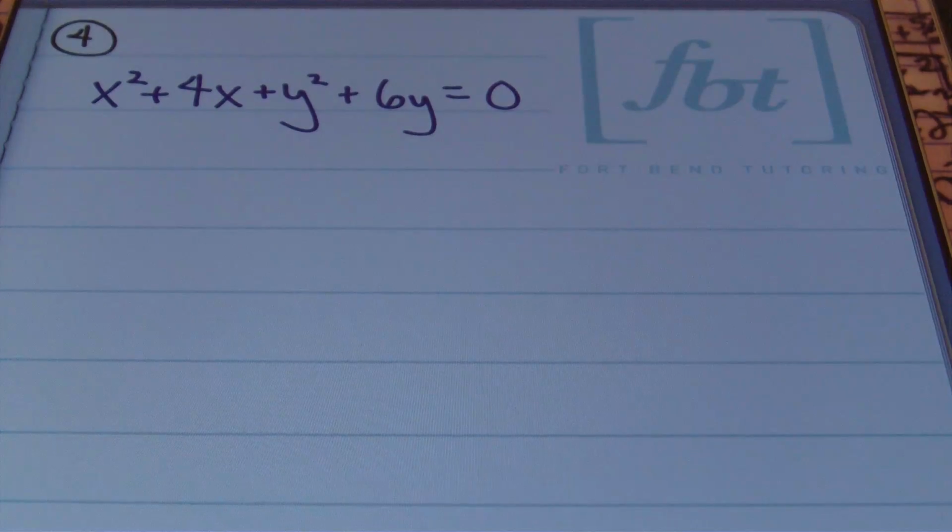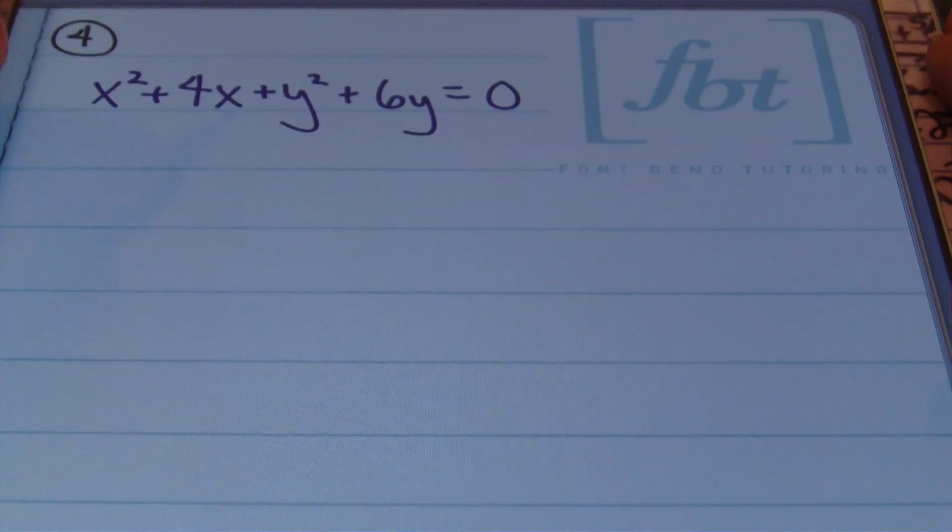All right, in problem number 4, we have x squared plus 4x plus y squared plus 6y equals 0. I already have my x terms grouped together for me, all right? I already have my y terms grouped together, but this is not center radius form yet until we complete the square, right?